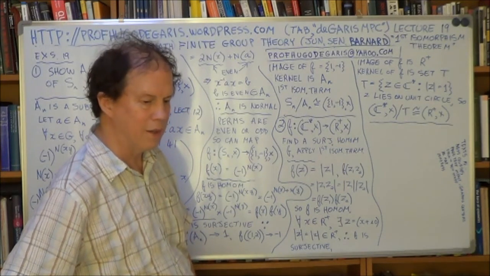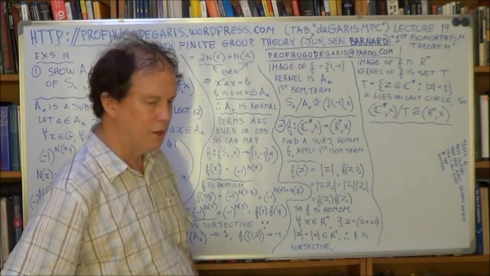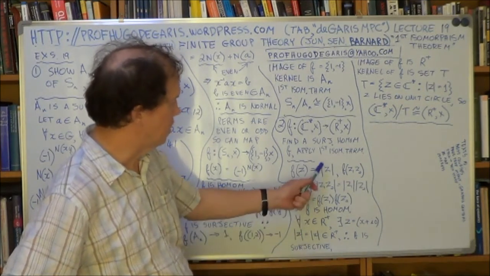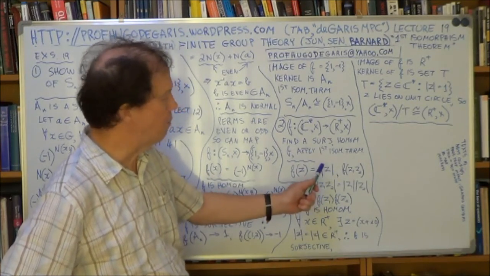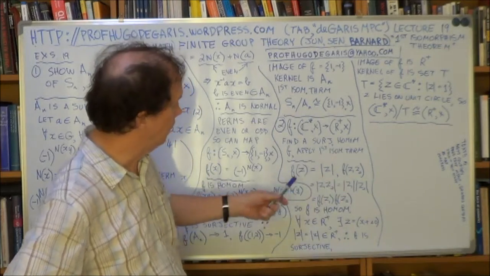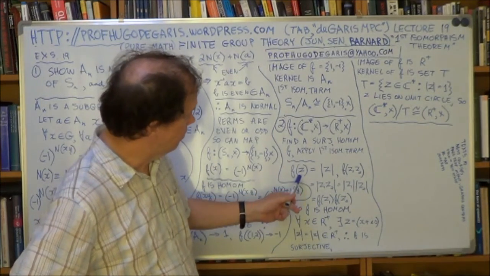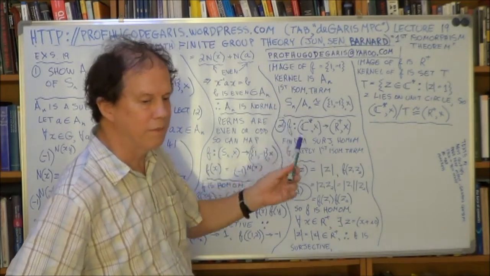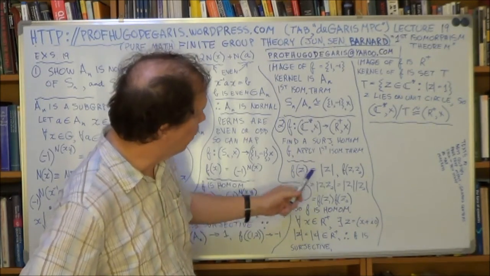How do you take a complex number and make it a real? Well, one solution is just to find the absolute value of it. There may be other ways, and you may find another way. You only have to find one. But anyway, here's one of them.